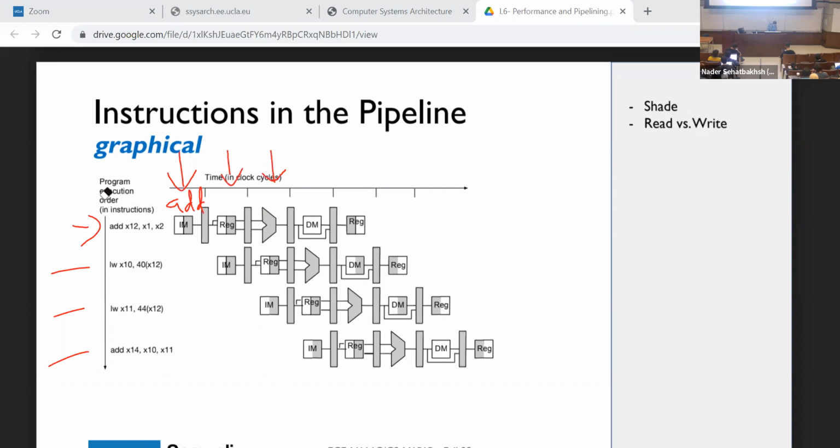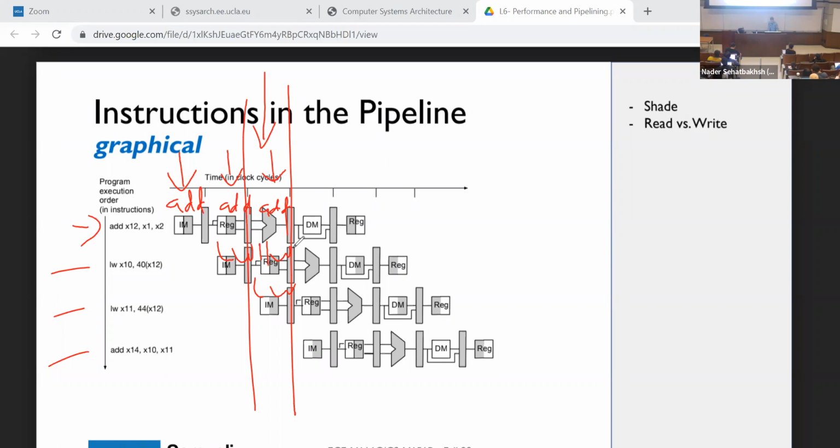In the next cycle, your add goes here, your load goes here. In the third cycle, your add goes here, your load goes here, the other load goes here, and so on and so forth. So if you look at the snapshot of time, this is basically one clock cycle if you look at it this way.